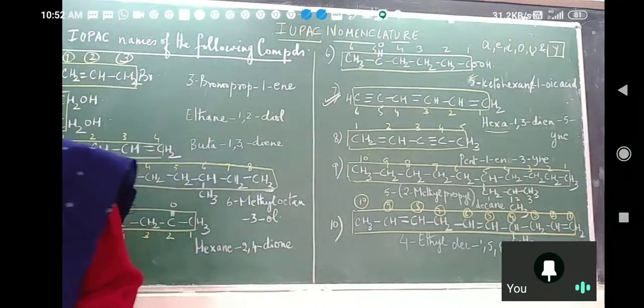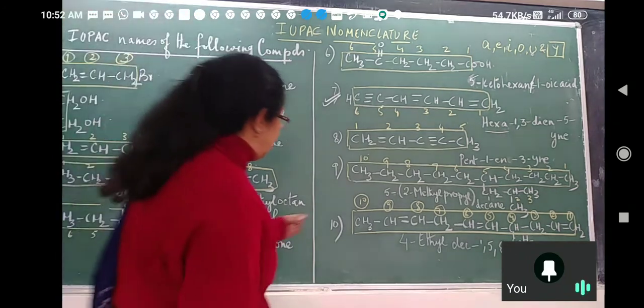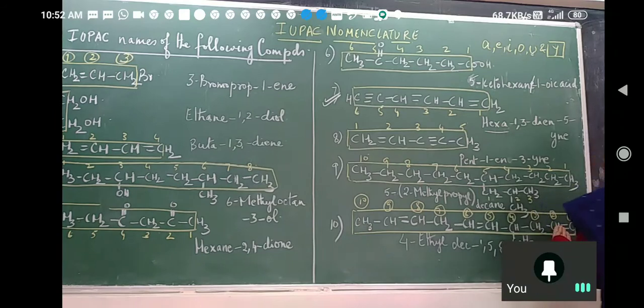Now come to our last example. We still have a little bit of time. 1, 2, 3, 4, 5, 6, 7, 8, 9, 10. These are the 10 carbon decane.